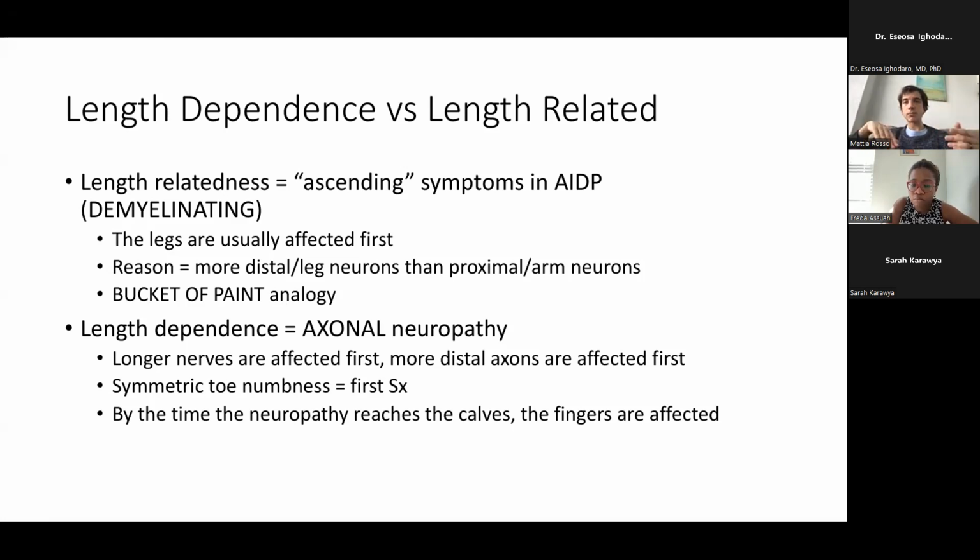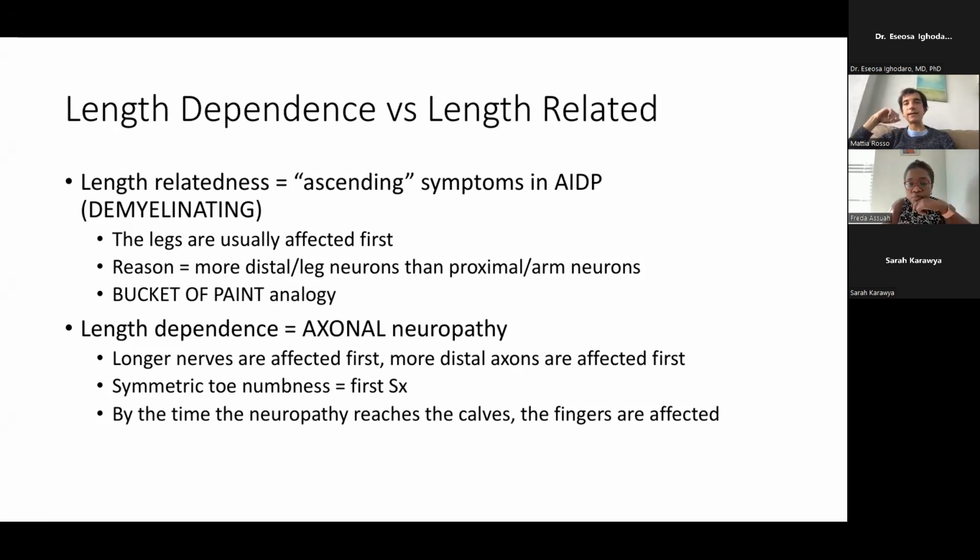If you were to look at the length of your nerves, and measure your hand against your leg, you would see that by the time it gets to that height, the neuropathy will start affecting the fingers as well. But it shouldn't go out of order.